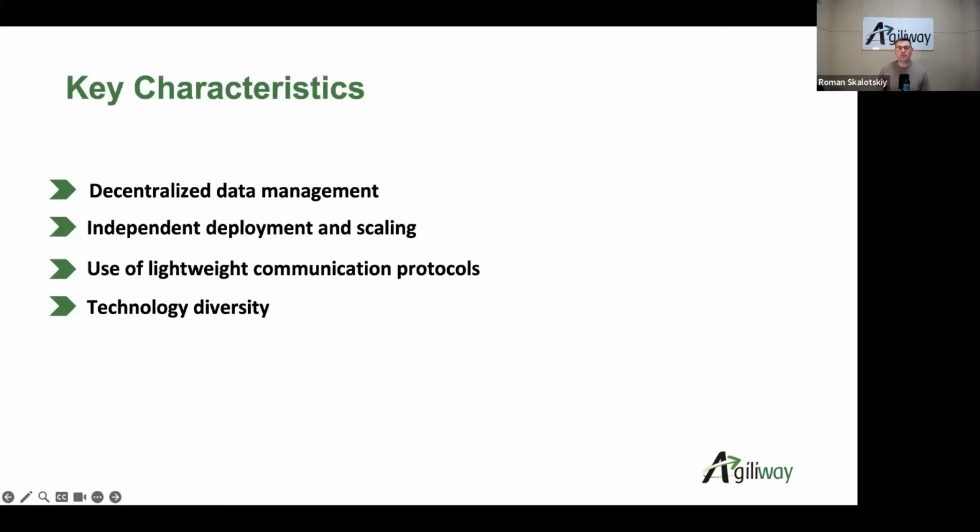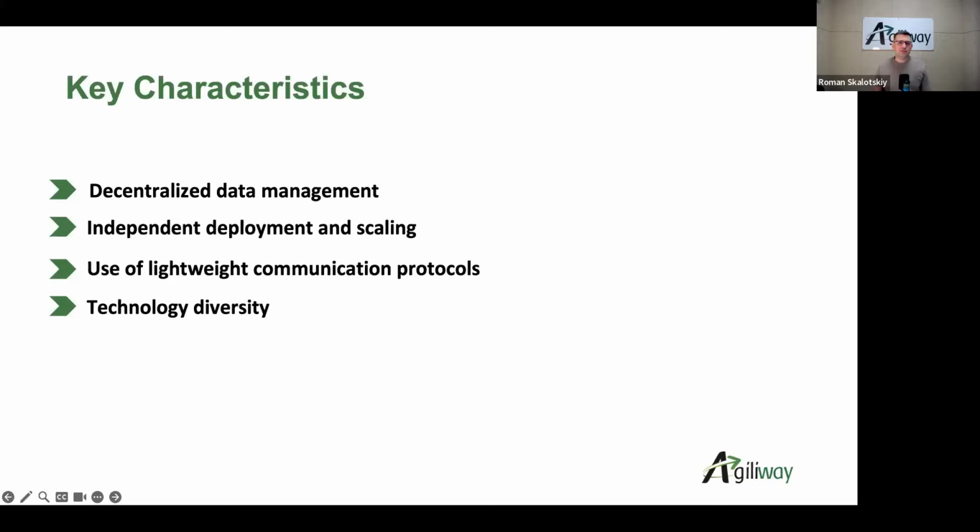So this approach promotes service autonomy and scalability, but requires careful design and implementation of data consistency, synchronization and management. And using patterns like event sourcing and the right tools can manage these complexities effectively.